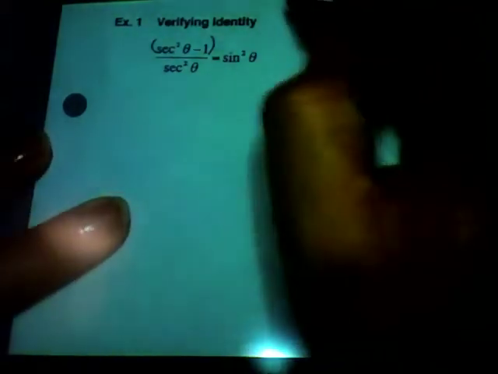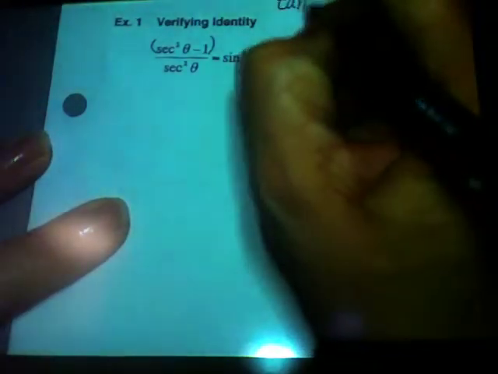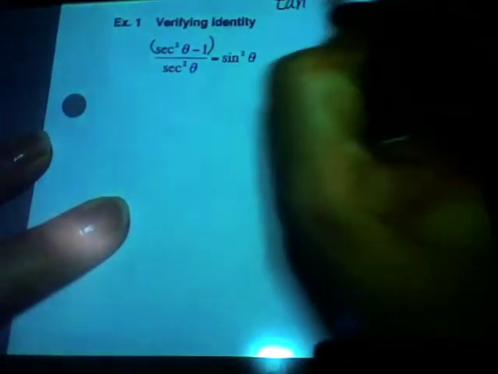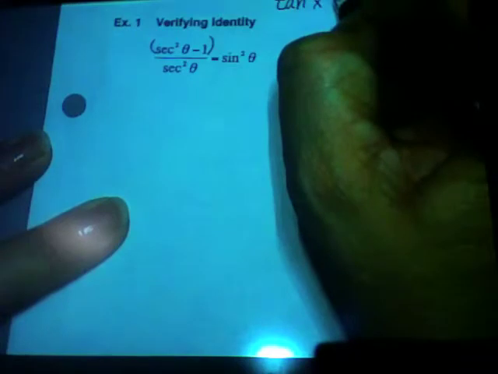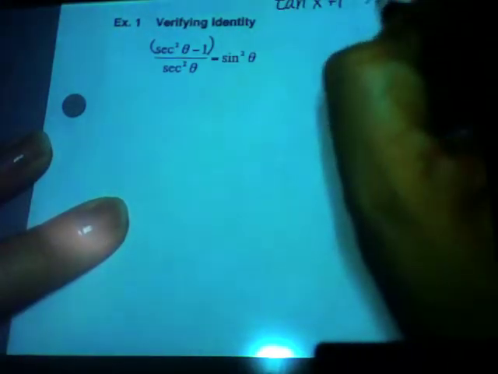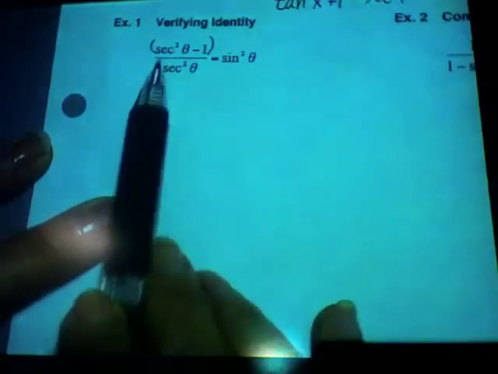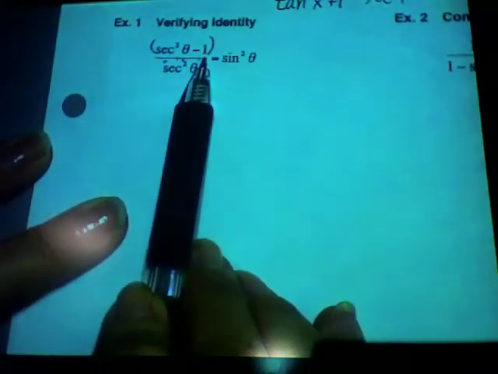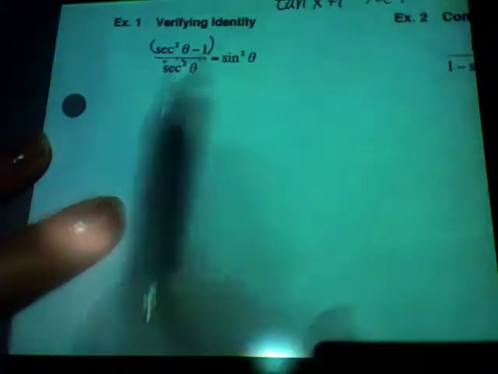What is the actual identity? Tangent squared of x, is it plus 1 or minus 1? Plus 1 equals what? Secant squared of x. So am I replacing secant squared of theta minus 1? Or am I replacing just the secant squared of theta?